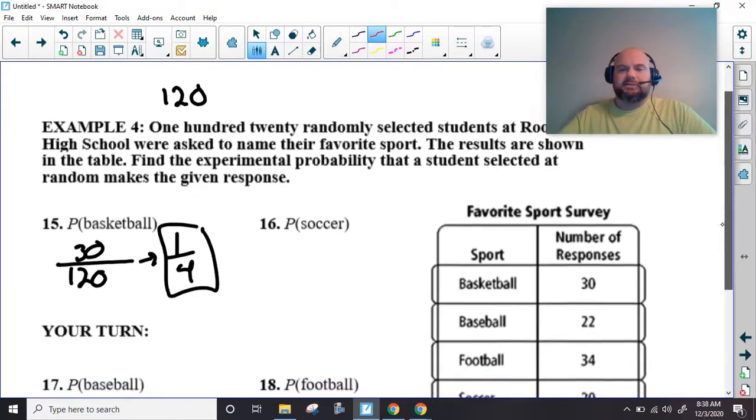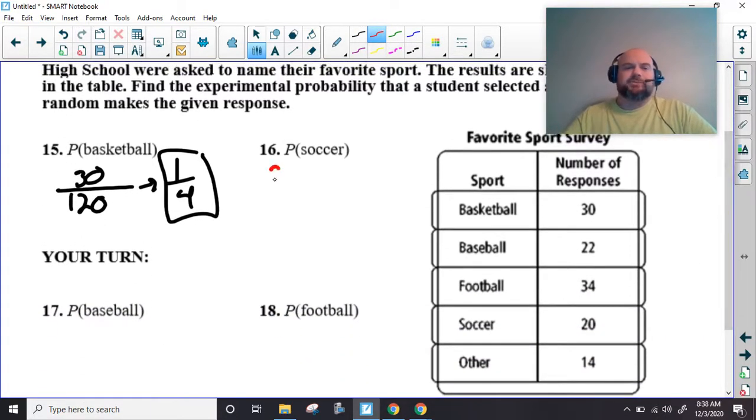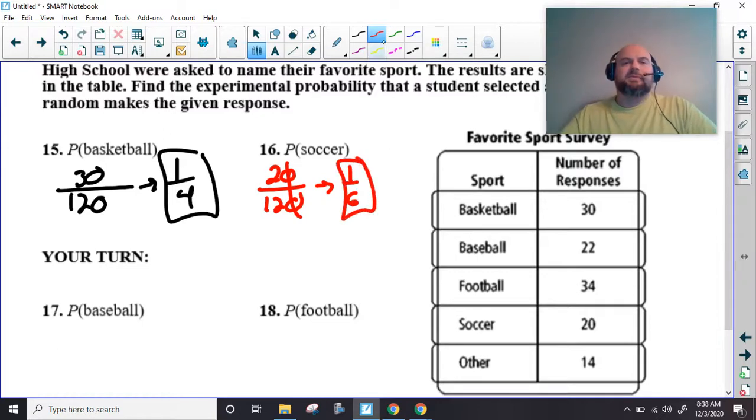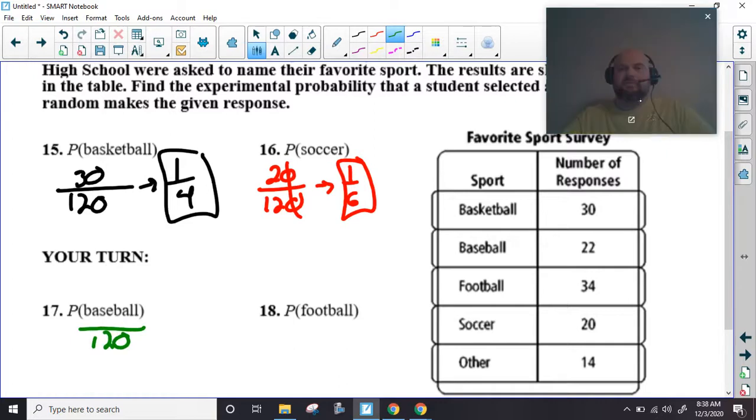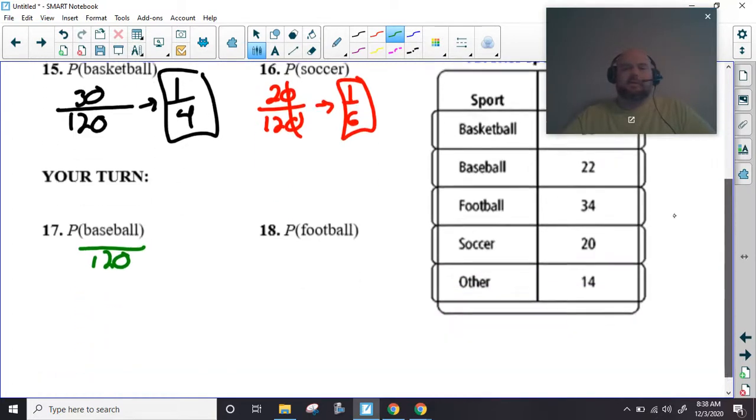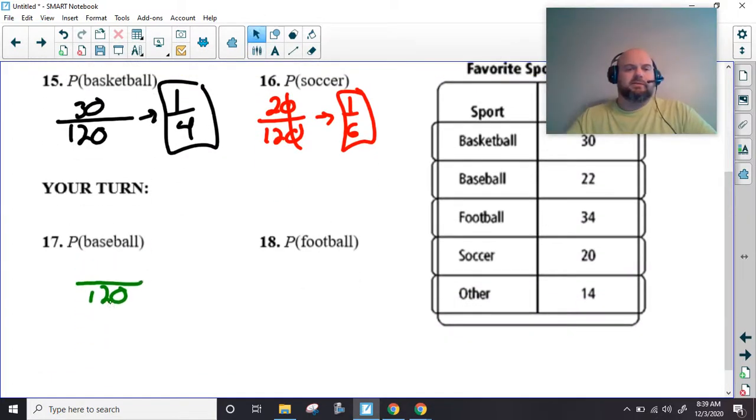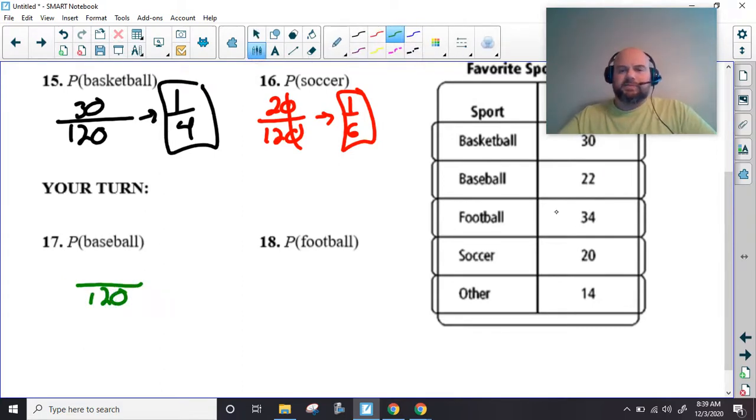Probability they like soccer. Zeros canceled. So this is 1/6. And I'm going to be nice, because we'll do the baseball one and the football one. So baseball, that was 22.